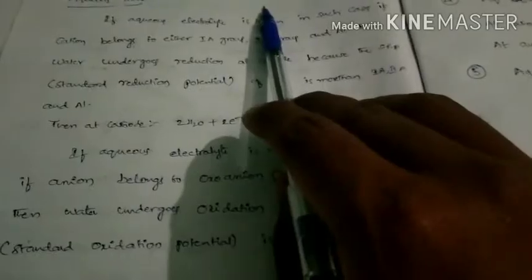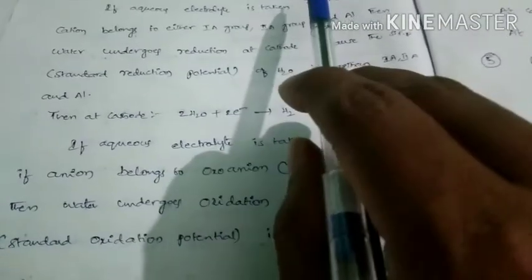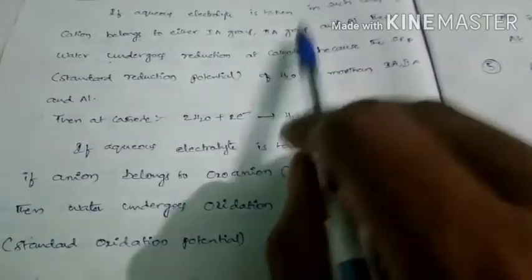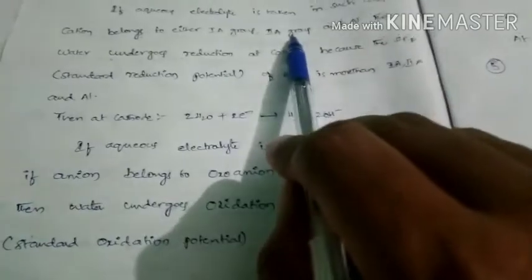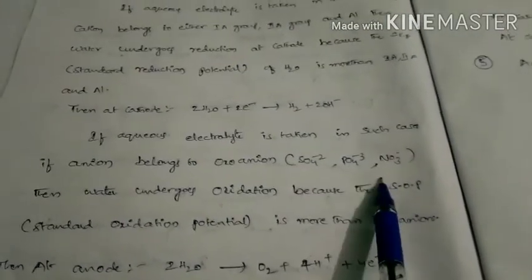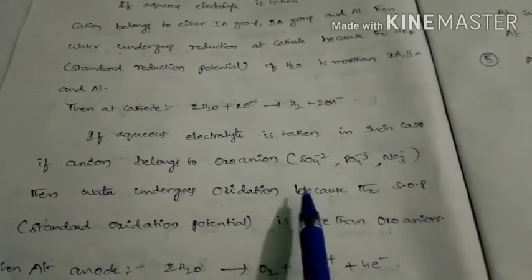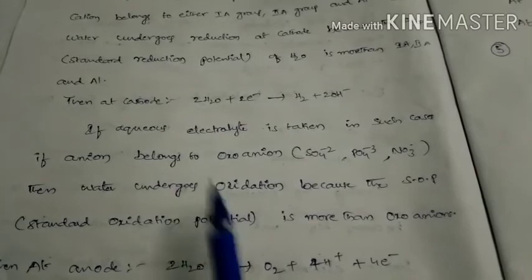Simple point here: if the cation belongs to either 1A, 2A or aluminum, in such cases water undergoes reduction instead of those ions. If the anion belongs to oxoanion, then in such cases also water undergoes oxidation because the SOP of water is more than these ions.